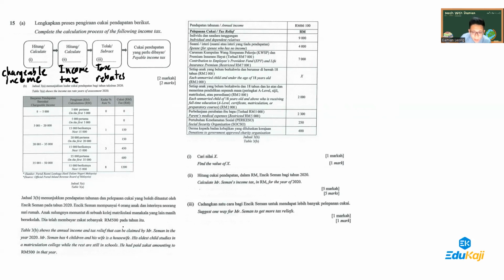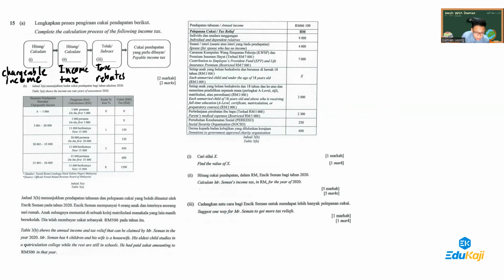So the X value is here. For each unmarried child under the age of 18, there's 2,000. Mr. Saman has 4 children and his wife is a housewife.